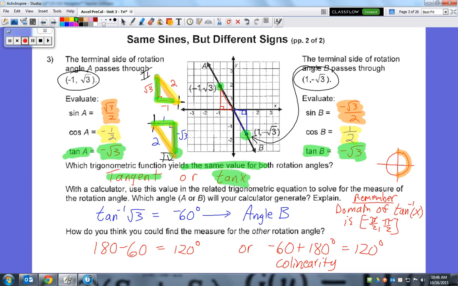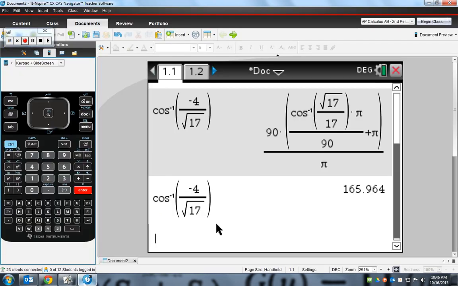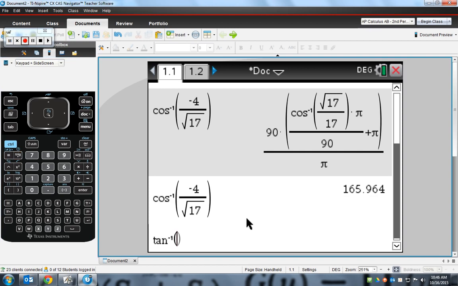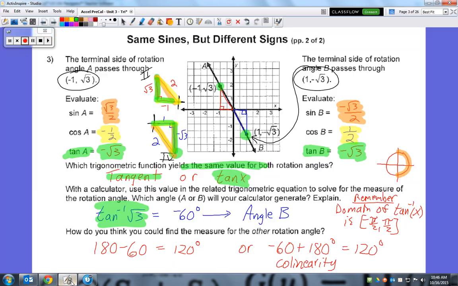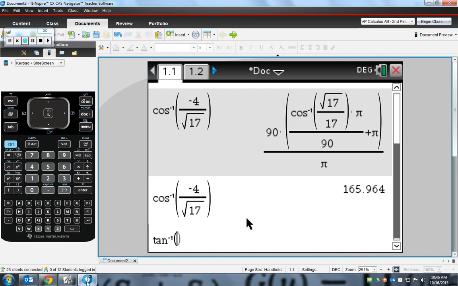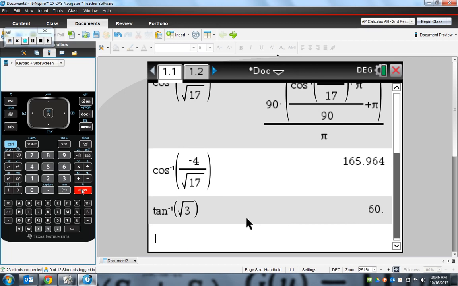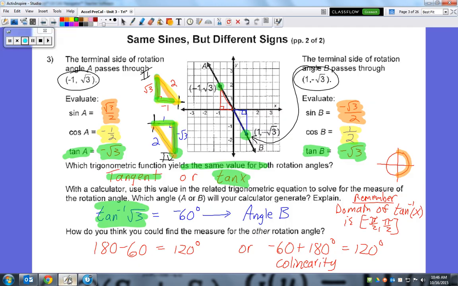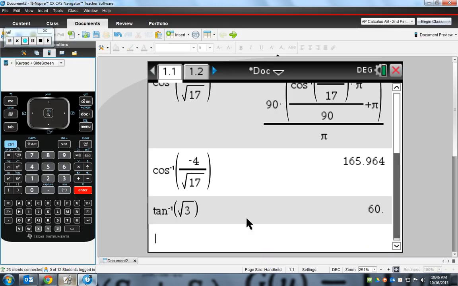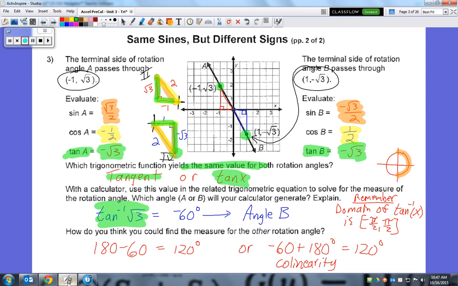And then with the calculator, if we were to solve what is the arctangent of root 3, let's go ahead and do that real quick. So the arctangent of, what was it, positive root 3. So root 3, control enter to remember that, I get 60 degrees.